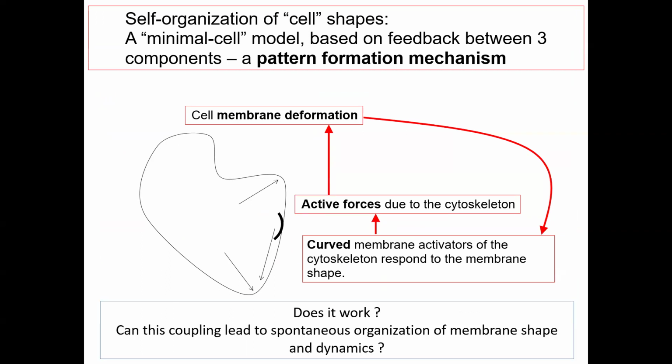The idea is really to couple these three components together to say maybe there is an interesting feedback mechanism that can lead to non-trivial shapes if what is guiding the cytoskeleton to grow on the membrane is where these curved proteins aggregate.